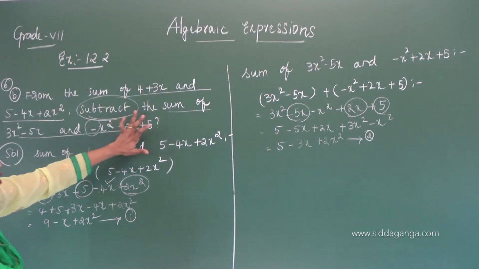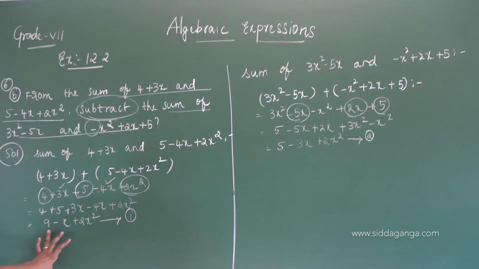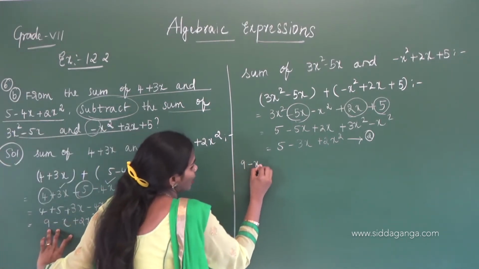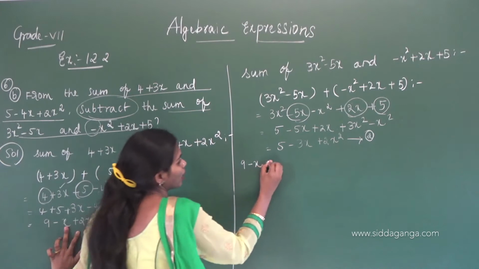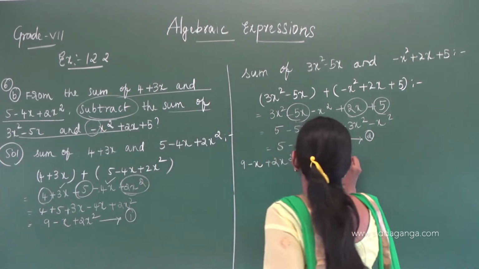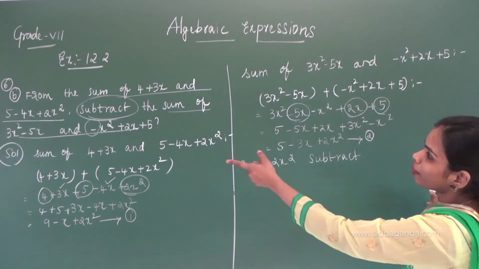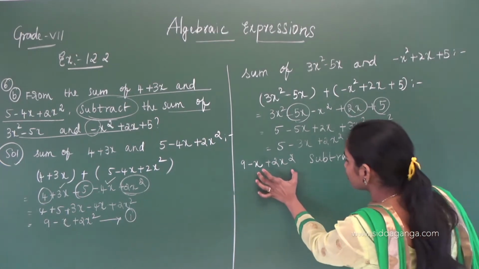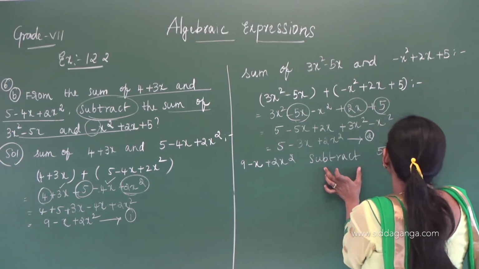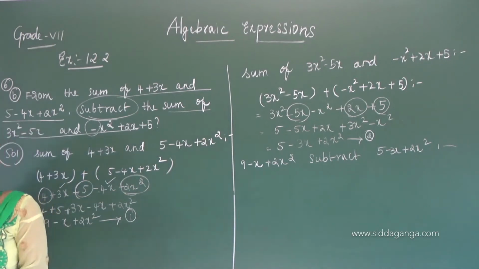I am writing the expression once again: the sum 9 minus x plus 2x square, subtract the sum 5 minus 3x plus 2x square.